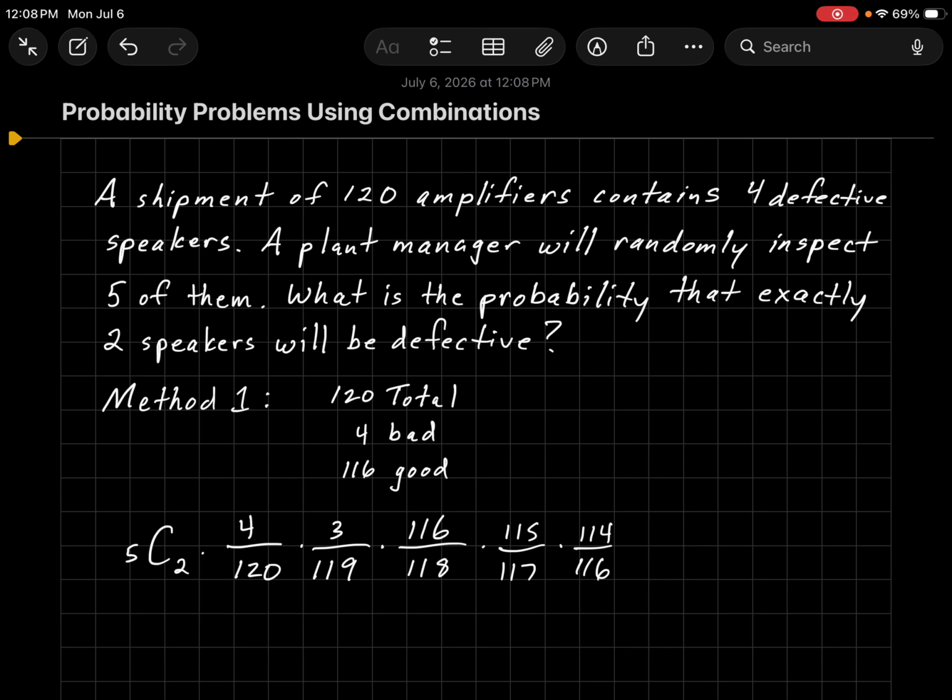So this back part is assuming the first 2 are bad and the next 3 are good. But then we can order them in different ways, right? And we're going to order them with a combination. So if we type all of this into a calculator, we get about 0.008.